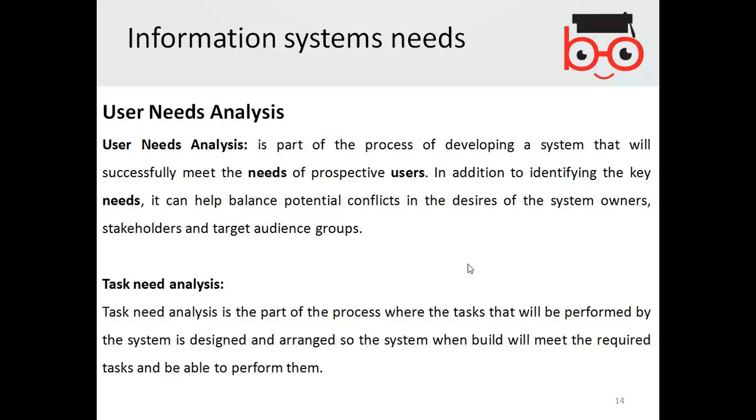You need to build the system so that you are able to meet its requirements and it can perform very well. Otherwise, the actual needs of the users cannot be fulfilled if the sequence of the tasks is not known in advance.